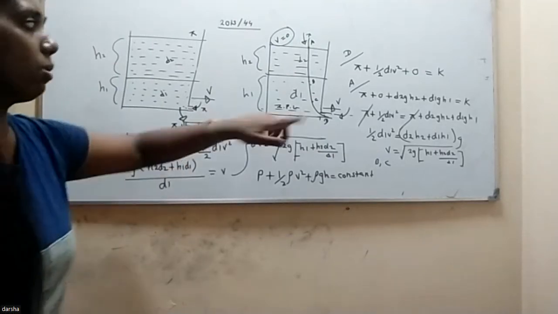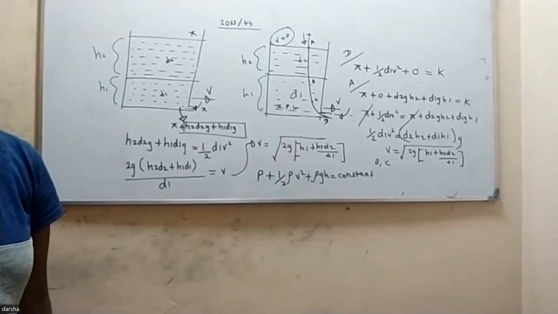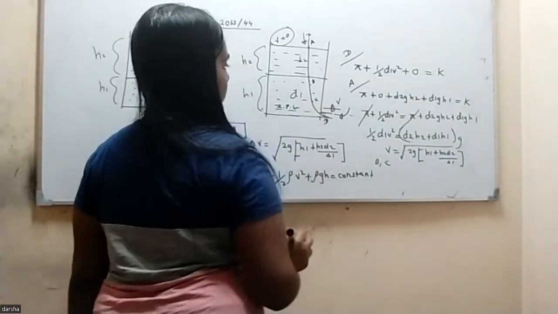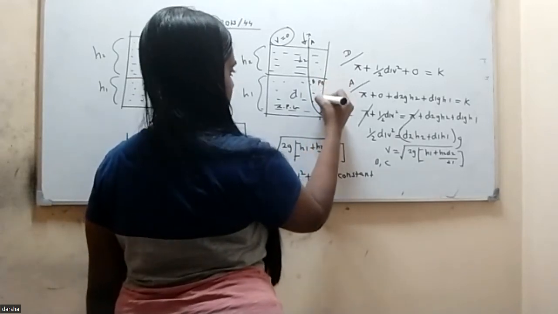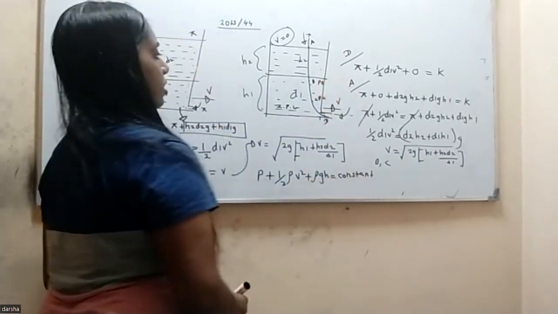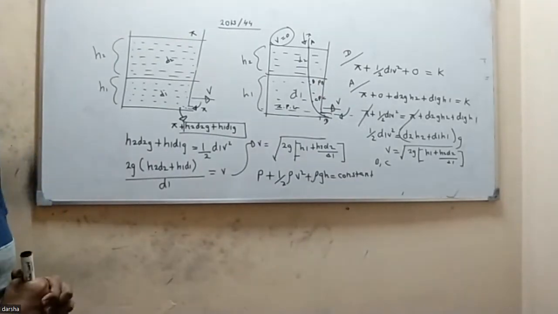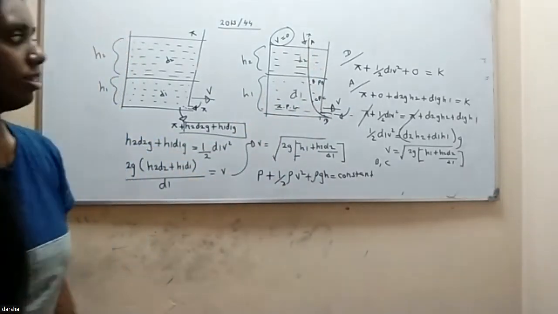If the liquid is flowing, how can you write the pressure at point B as P plus h rho g, and the pressure at point C as P plus h rho g? You can't write it. Therefore, pressure at point B is unknown, and the velocity is already unknown. Therefore, if you put that, we can't find the answer. That is the reason for selecting point A and point C in this question.